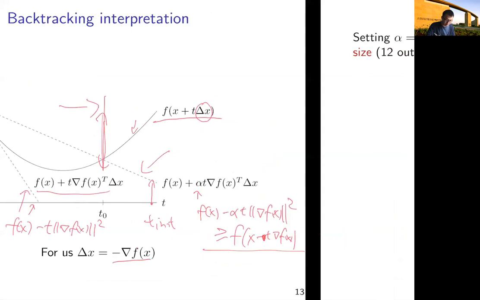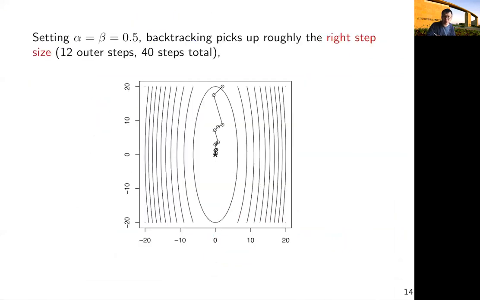Now suppose we use backtracking with alpha and beta both chosen to be 0.5. Then for the same example, initializing at the same location, it takes a total of 12 iterations to get to roughly the same optimal solution. So there are 12 outer loops, and in total it's about 40 steps, which measures the total number of steps you take and then evaluate the objective function.